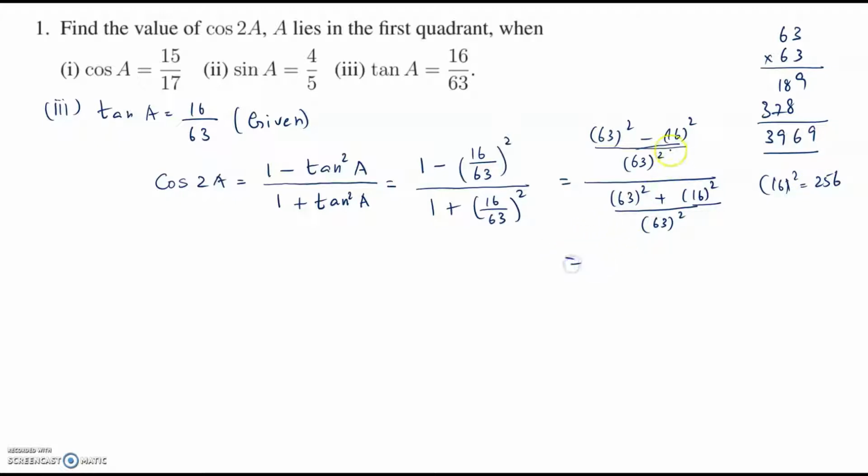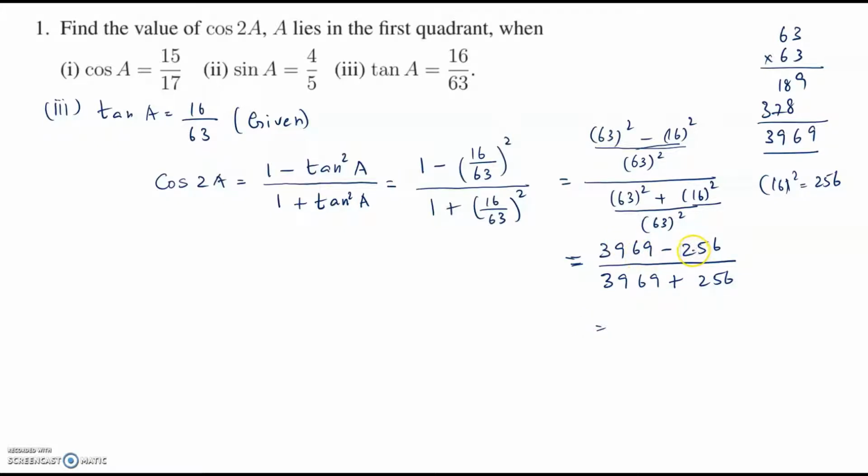So replacing these values, the denominators will disappear. So you're left with 3969 minus 256 divided by 3969 plus 256. So now let's work this out.